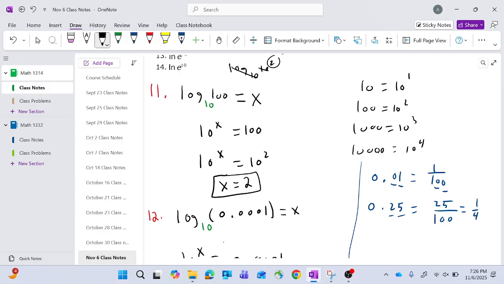That was our answer. You didn't have to do all that. And that's kind of how it works. If the base of the log and what you're taking the log of are the same, they cancel out and you're just left with the exponent. And it's because of all this. If you reworked it out, you have 10 to the x equals 100. 10 to the x is 10 squared, or just 2. It's kind of just shortening this whole process up.